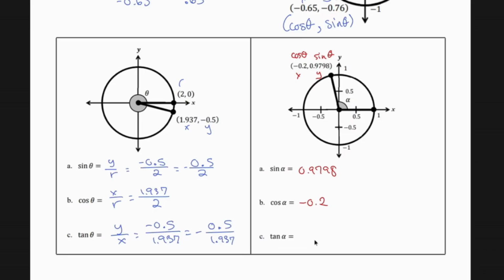And tangent is going to be my y, which is 0.9798 over negative 0.2, so let's rip that negative out and make it 0.9798 over 0.2. Notice that radius has nothing to do with tangent because tangent just means slope, so I don't care how long that line is, it's going to be the same slope anyway.